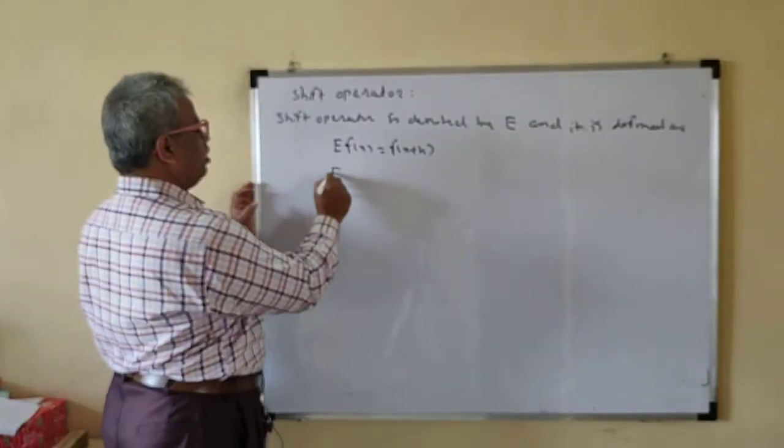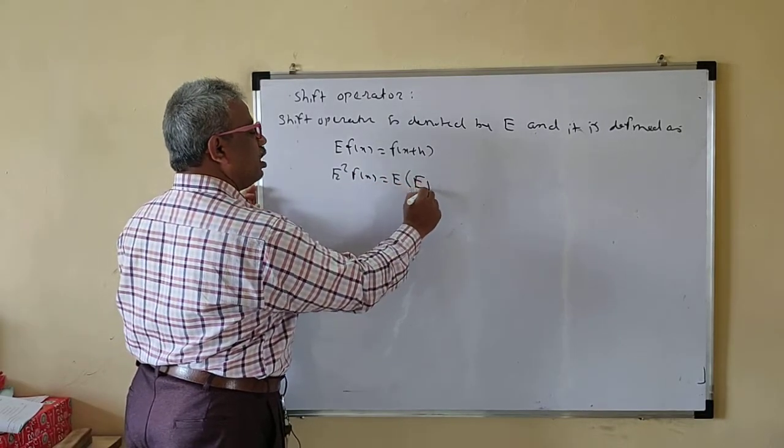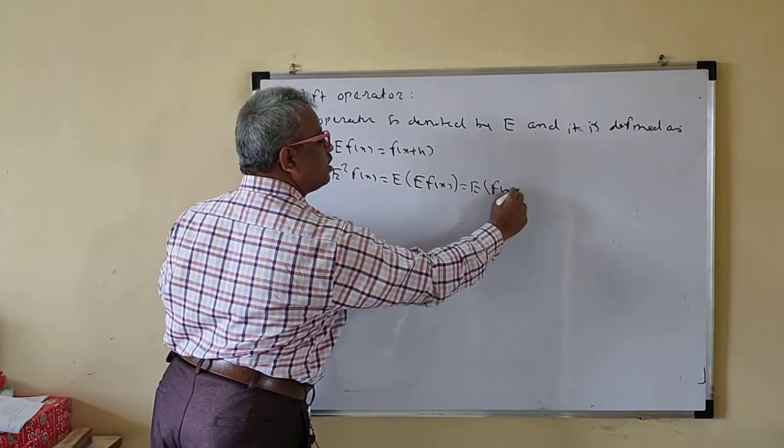Okay, E square f of x is the same as E of f of x plus h.